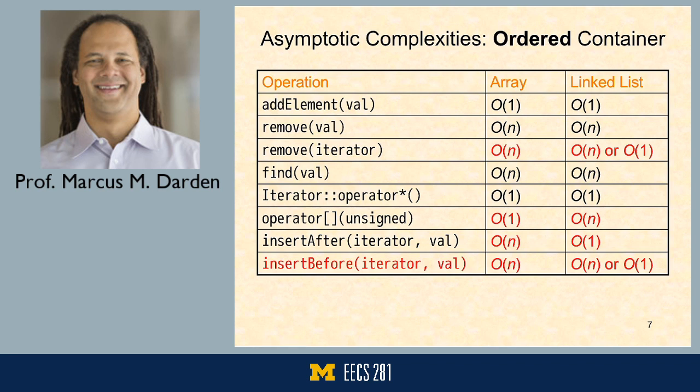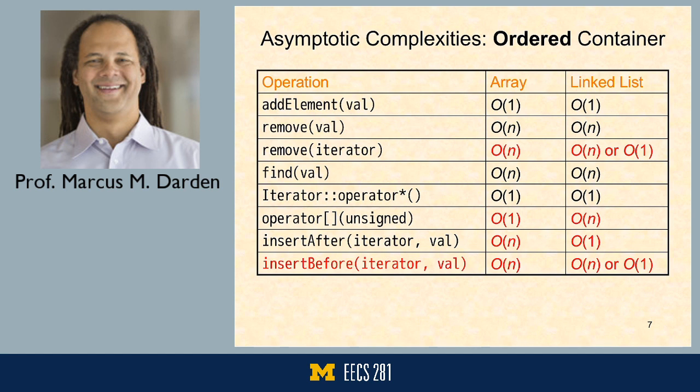All right. So I see we've got a little bit of a discussion about remove by iterator. So the remove by iterator is a function that just lives on its own. And we're saying the function, when given an iterator to the thing to remove, we don't have to worry about how we got that iterator. We don't have to worry about it taking linear time to find the proper iterator. Maybe you don't have to do a search for the thing you're trying to remove.